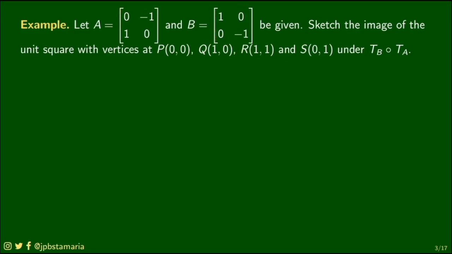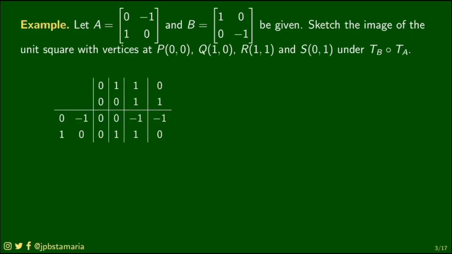We would like to sketch the image of the unit square with the following vertices under the composition TB circle TA. Remember, the action of TA on these points is that we simply multiply the matrix A to each of these by writing them as columns. Take note that because we're considering a unit square, we only need to find the images of the vertices, as the transformations are linear.